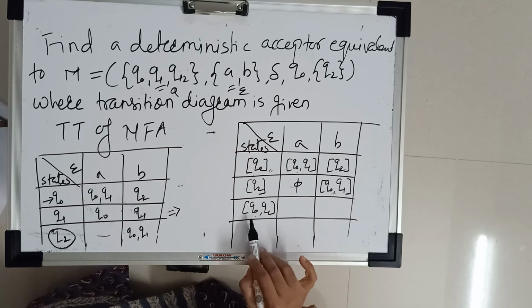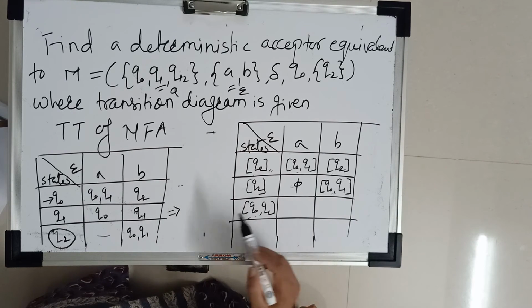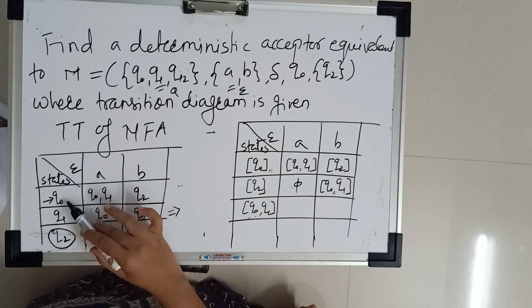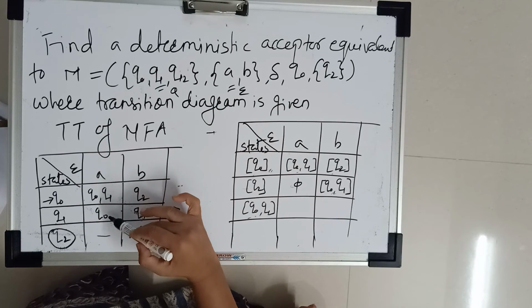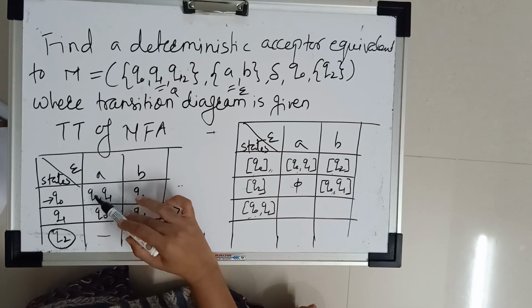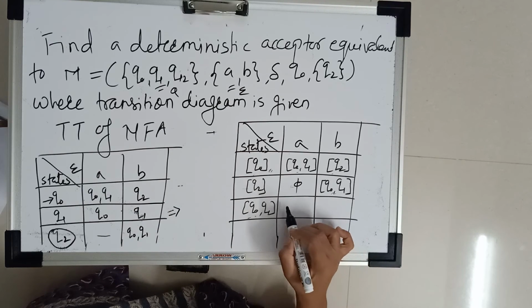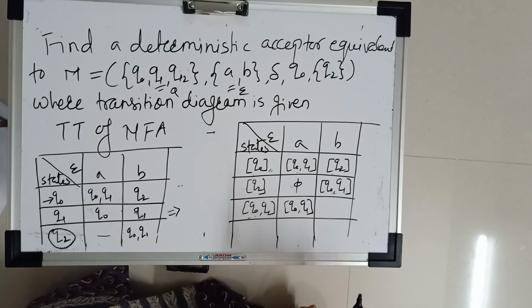Again we'll write the entries for this state, that is Q0, Q1. We have to find these values from this table, the values of Q0, Q1 for the A column entries. What are the values here? Q0, Q1, Q0. Again Q0 is given twice, we'll write it once. So here the entry is Q0, Q1.